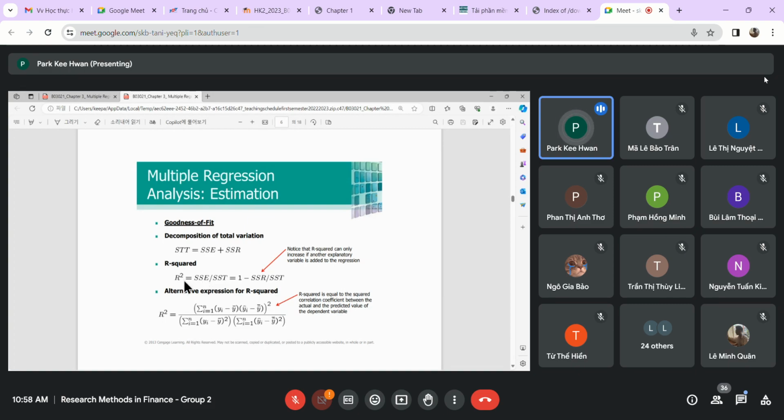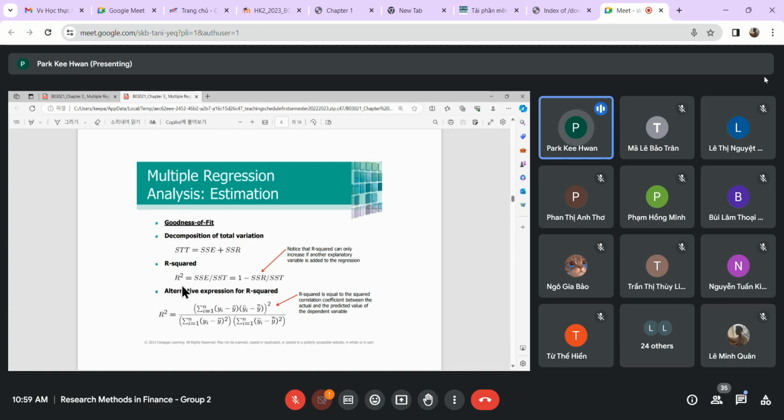On the other hand, if the R square is 0, your regression does not explain anything at all. So basically, R square lies between 0 and 1.